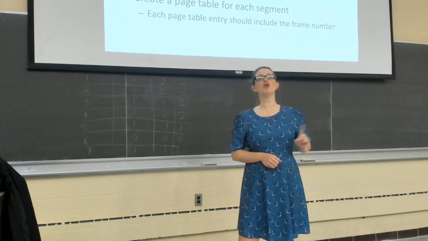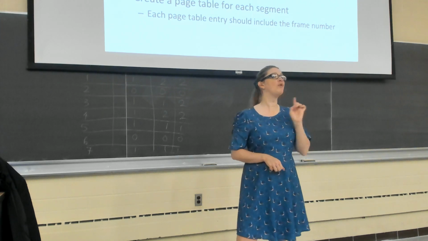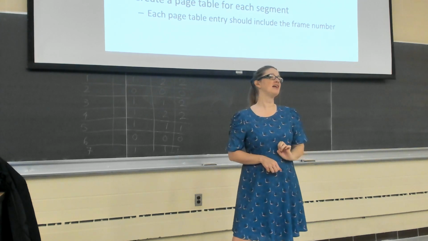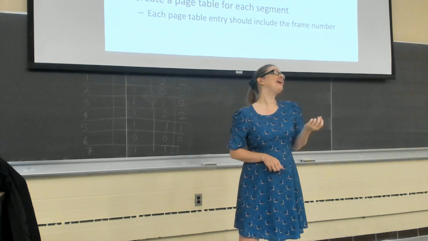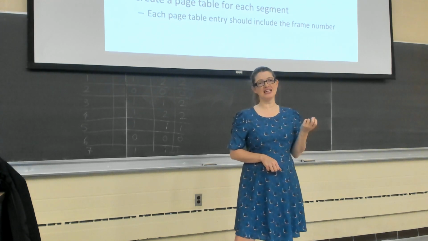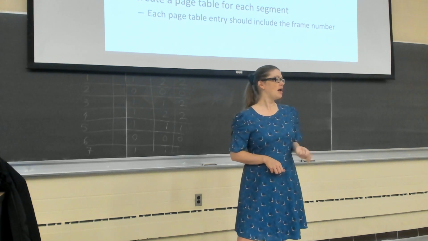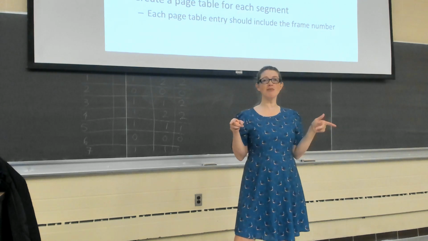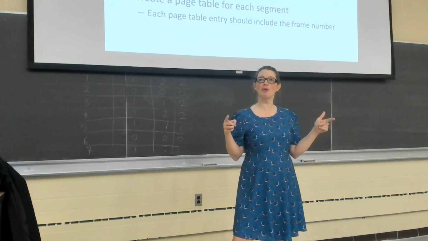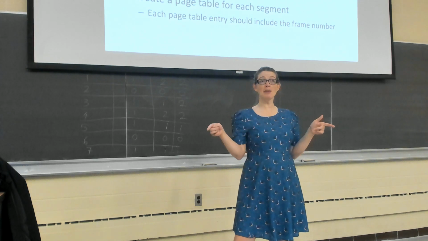Now, why is that cool? It is cool because if you have a page table for each segment, you only have to store the page table entries that are valid. Because you know the size of the segment. The segment is contiguous in virtual memory. Because of that, you know exactly how many pages there are.